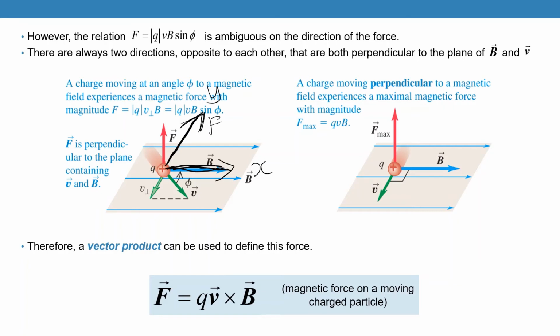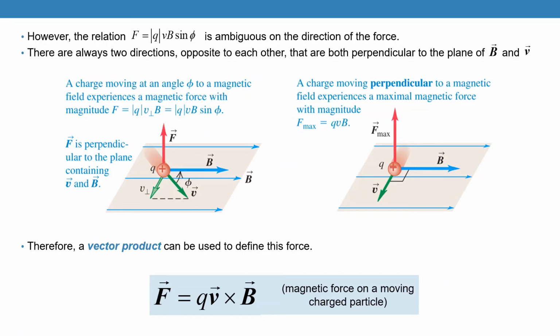However, even though it is perpendicular to the magnetic field, it is not perpendicular to the velocity, because let's say the angle between the velocity and the magnetic field is phi. Then this is 90 degrees because perpendicular. That means that the angle between F and velocity is actually 90 plus phi. So this is not perpendicular with the velocity. So this is the wrong answer.